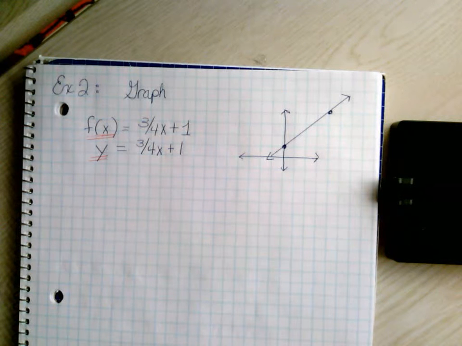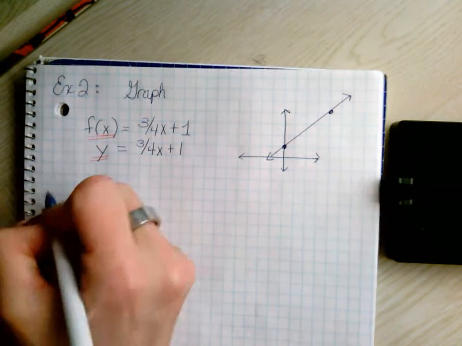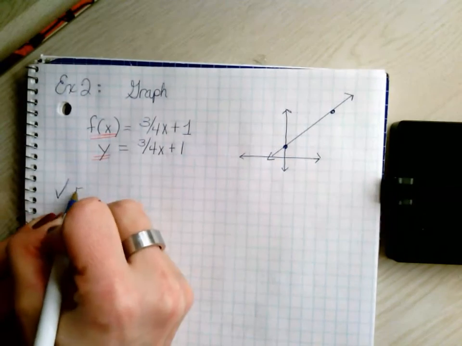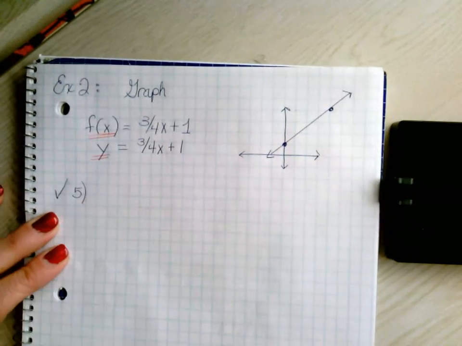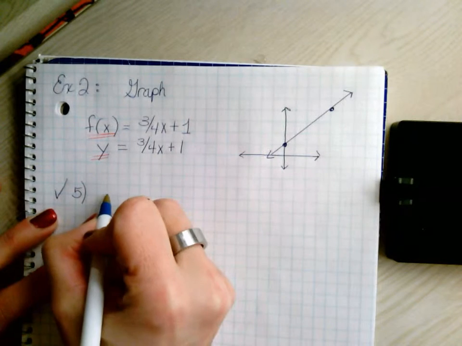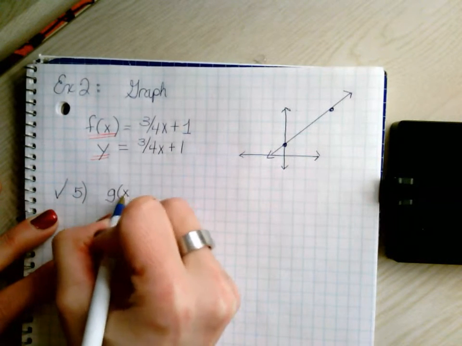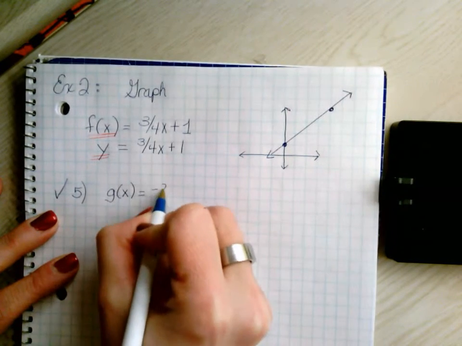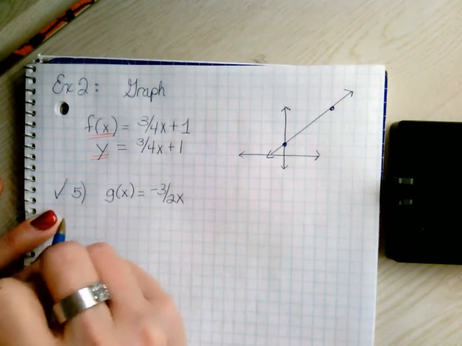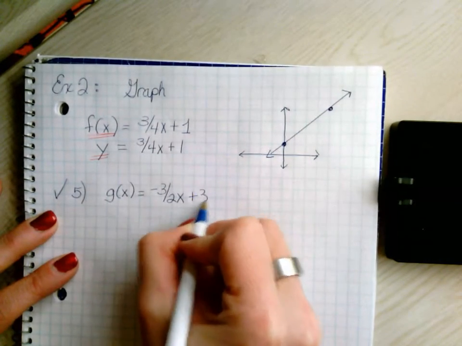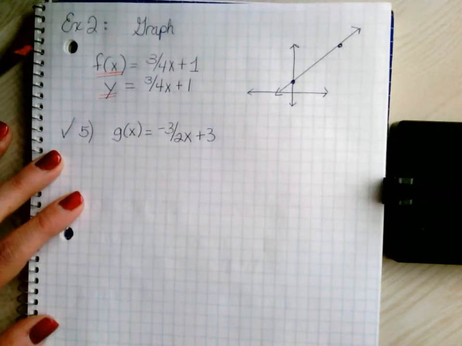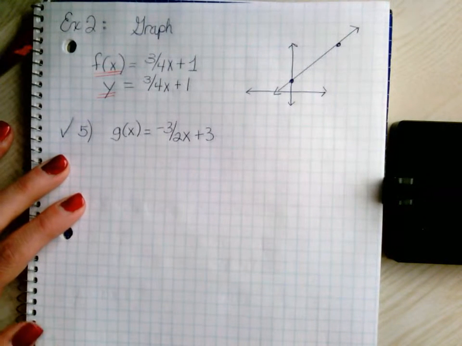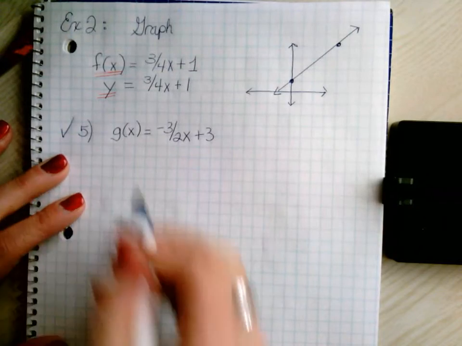Let's check point 5 and 6, please. First 5. It tells us to graph. Number 5 is g of x equals -3 halves x plus 3. Step 1, rewrite the equation, replacing g of x with y.